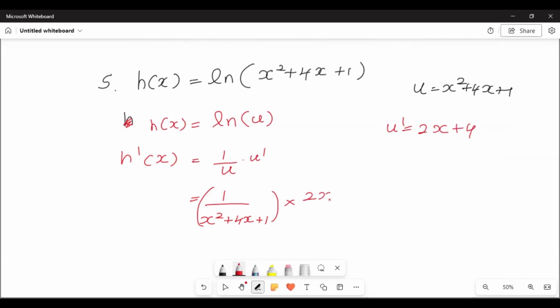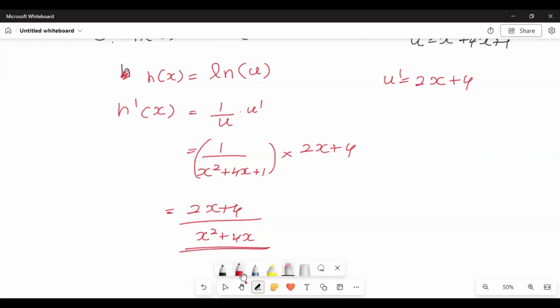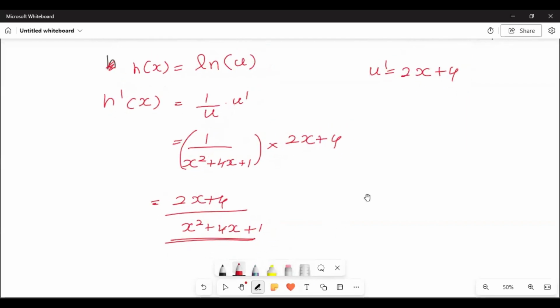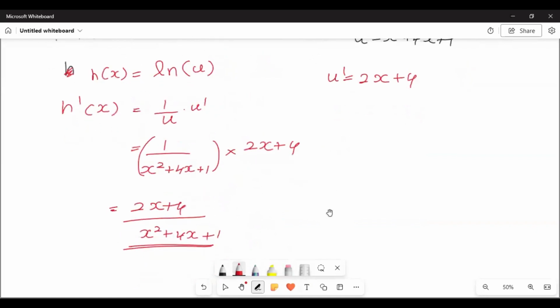So the answer is going to be 2x plus 4 divided by x to the power of 2 plus 4x plus 1. Yeah, so this is the answer for the fifth one, right?